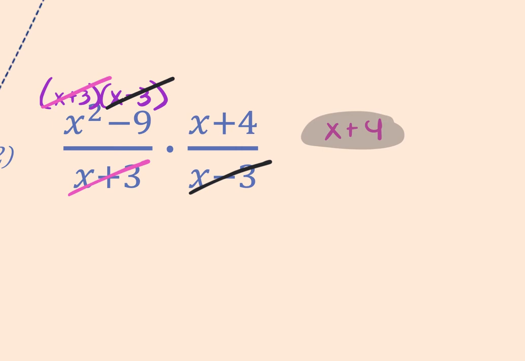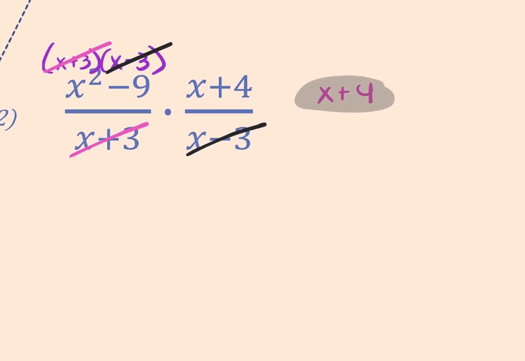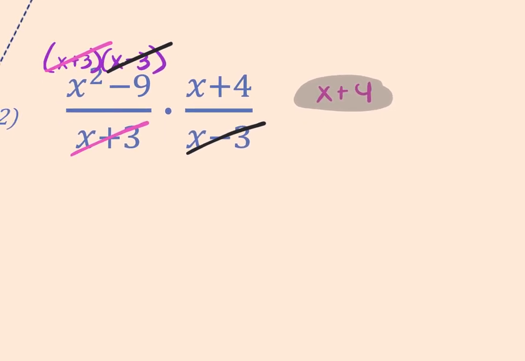Joey? If there were two x minus 3's in the numerator, can you cancel it out? You would only cancel one of them out. Is that what you're saying? If one of them was x minus 3 and in the other numerator was x minus 3, can you cancel? Yes. But only one.